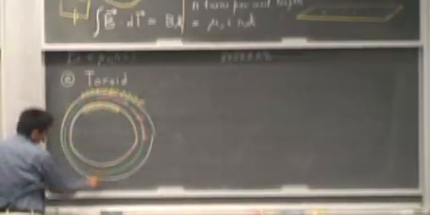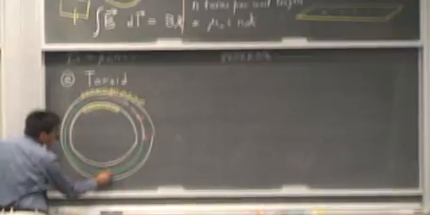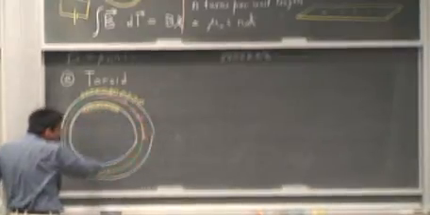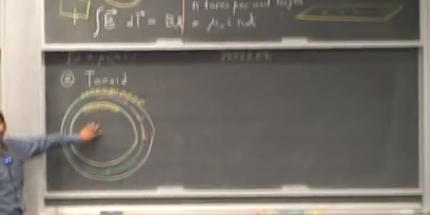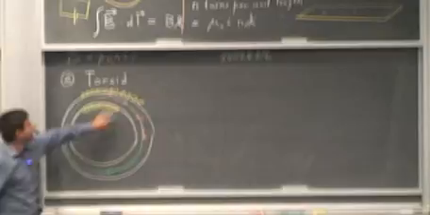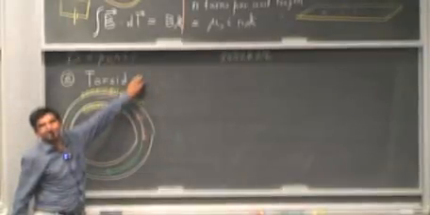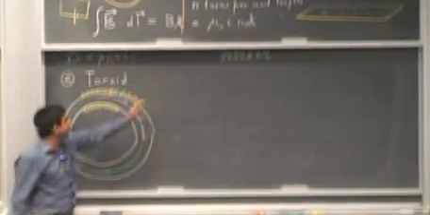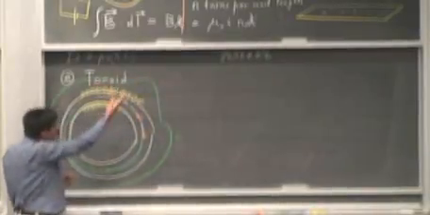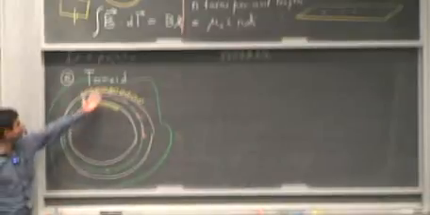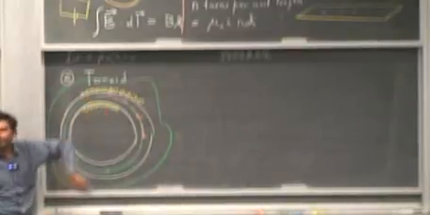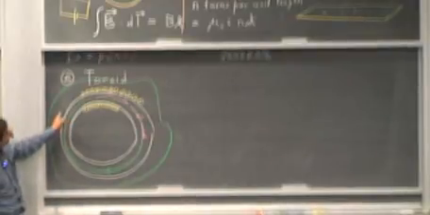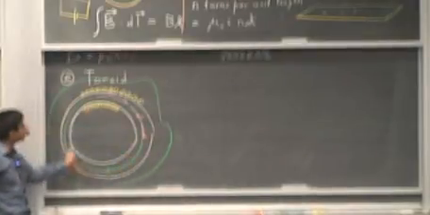We traverse this path in the counterclockwise direction, so the traversal of this path is the same as the direction of the magnetic field. There's no field inside, because there can't be, because of Ampere's law, and there's no field outside, because the current enclosed by a path that I draw outside is going to be zero. If I take this path, the total current enclosed is zero, because I have negative contributions and as many positive contributions. So the magnetic field is totally confined to within this region.